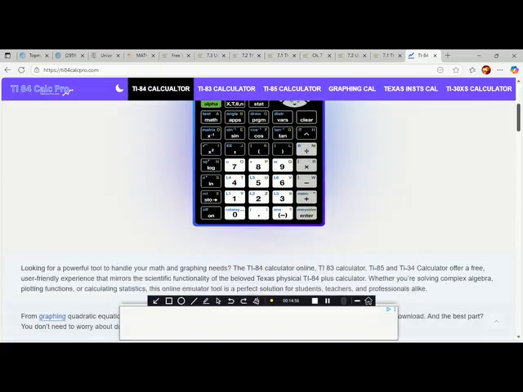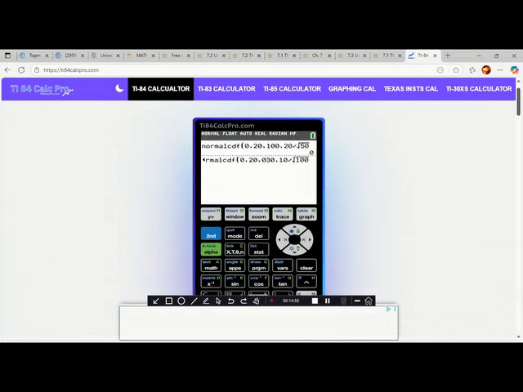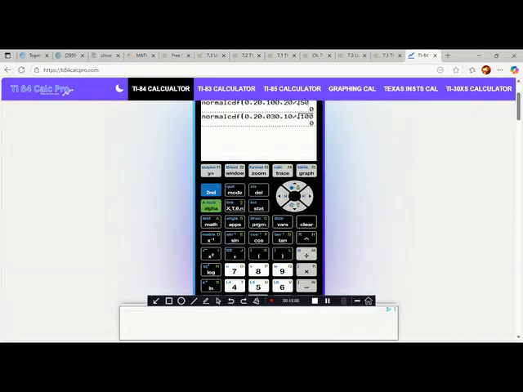Paste the values, and press enter one more time. Again, this is 0.